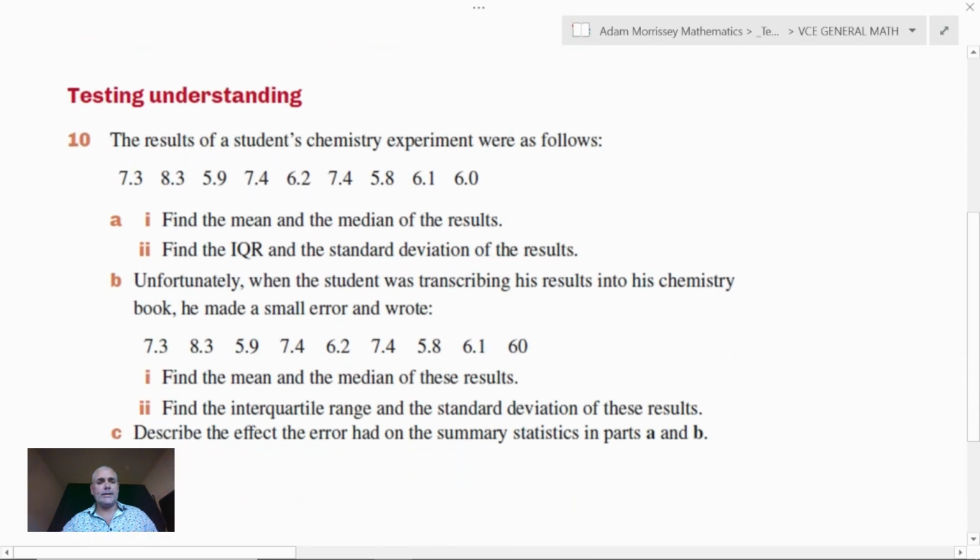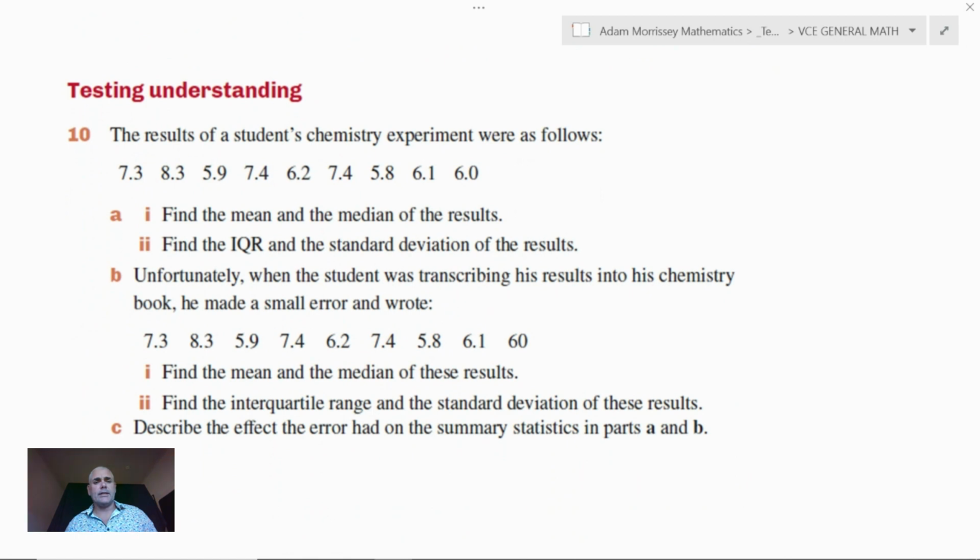Let's have a look here. We've got this situation where the chemistry student has been recording some results, and we need to find the mean and the median, because we want to know where the center is, and we want the interquartile range and the standard deviation of those results as well, because we want to answer that other question about the spread of the data.